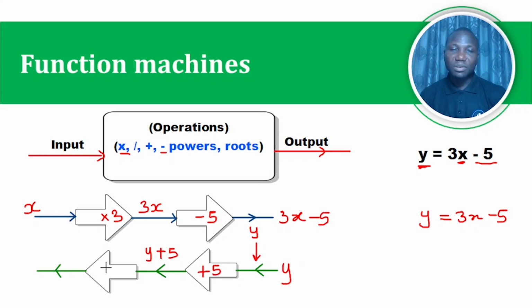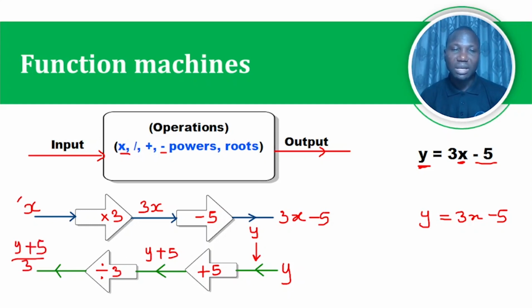Now, this second machine here will do the inverse operation of what this machine did. This machine multiplied by 3. Therefore, this one will do the inverse operation of multiplication, which is division. So this one will divide what is coming into it by 3. And what is coming into this machine is y plus 5. So you are going to have y plus 5 divided by 3.